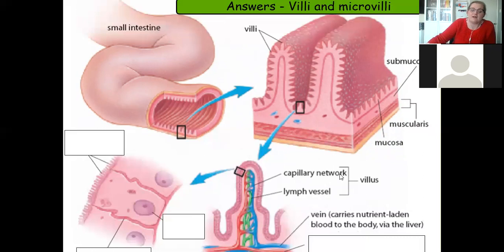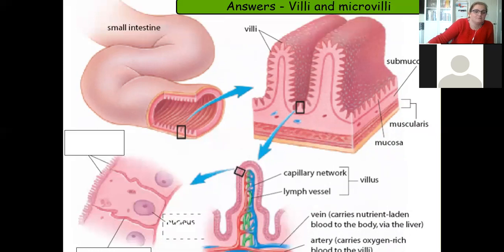We also have a vein, which will carry our nutrient-laden blood to the body via the liver, and arteries, which will carry our oxygen-rich blood to our villi. If we look even closer, we have these epithelial cells that make up our microvilli. That contains our nucleus, our cell membrane, and then our microvilli on the top.